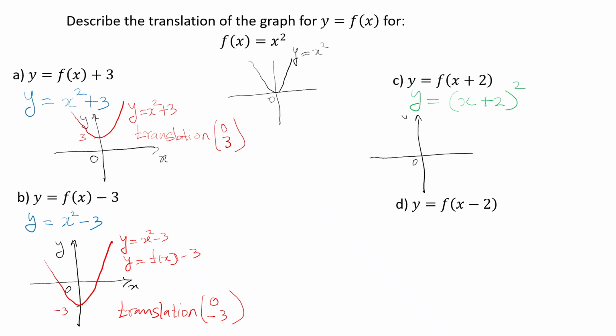This is y, this is x. The y value is not changed. When y equals 0, what is the x value? It's negative 2. So the graph is going to be, when y equals 0, the x value is negative 2.